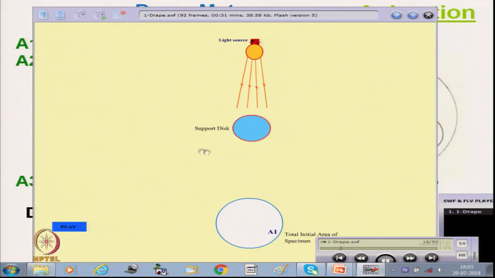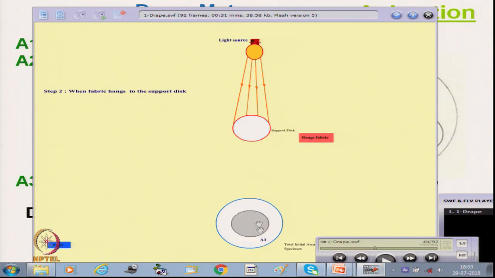When there is no fabric, we get the shadow of this support disc. This is the shadow of the support disc, that we know.